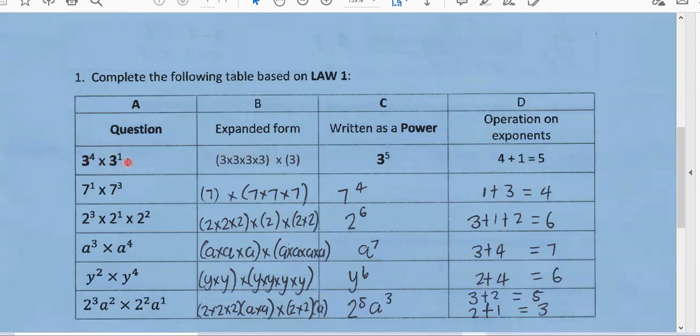Now for the second one, since the exponent is 1, that means you must only write the 3 only 1 time. Now written as a power.